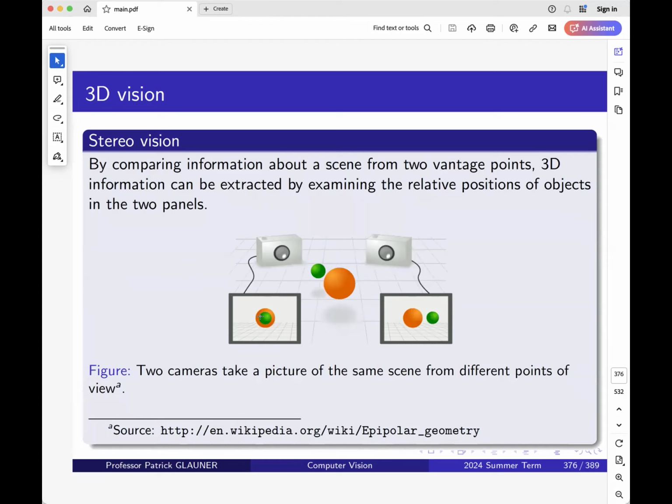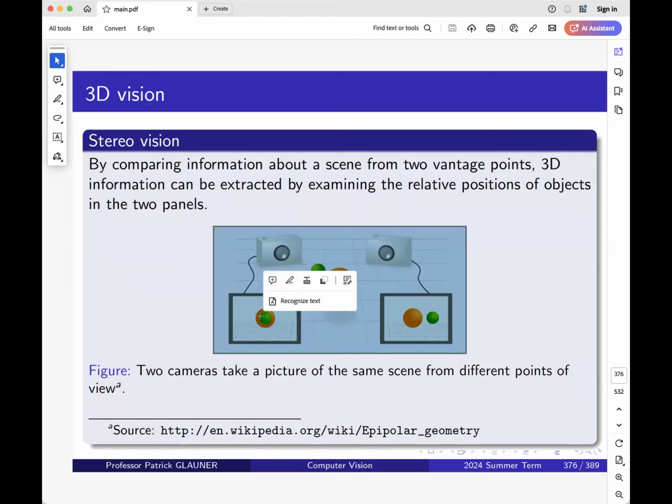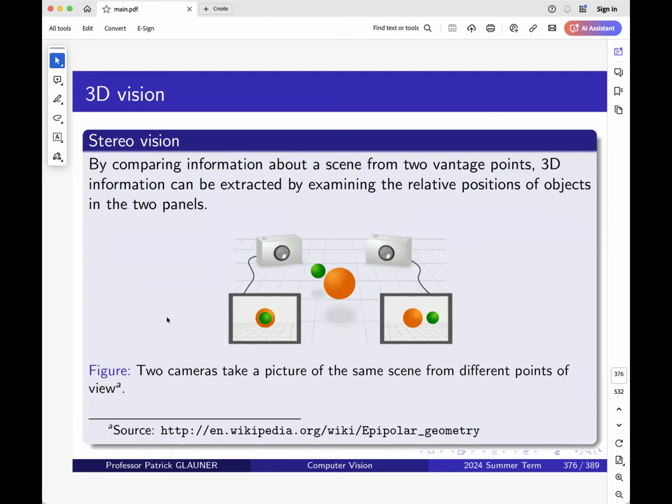Then you train the neural network, for example a convolutional neural network, on many such input pairs: the pixel image as well as a matrix with the labels, which are the distances.